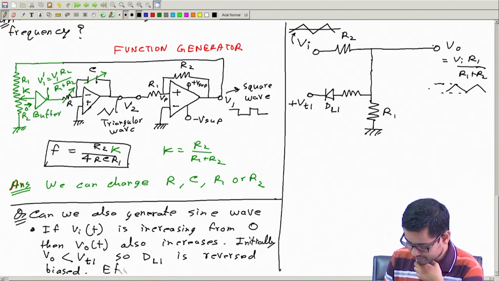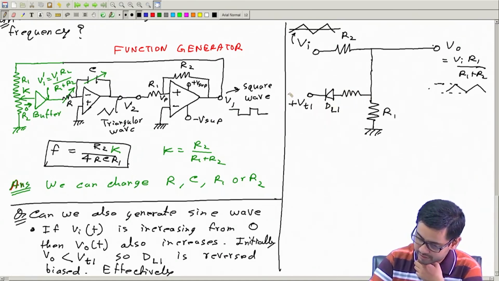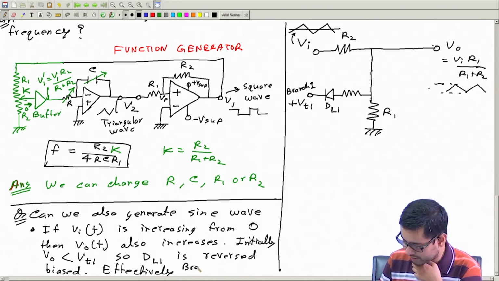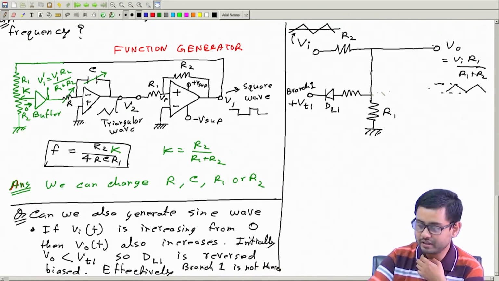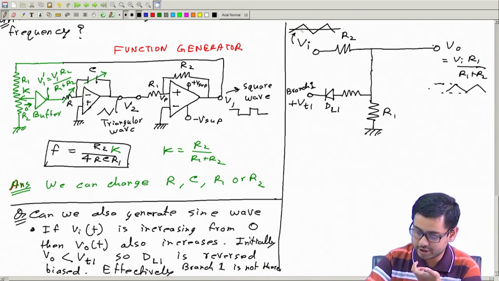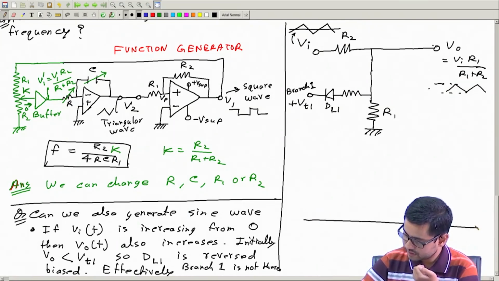So, effectively this branch, what can you call this, branch 1, is not connected or is not there. So if this branch is not there, then how will the output change? It will change ignoring this branch. So as the input increases, output also increases. So let's draw. This is time.